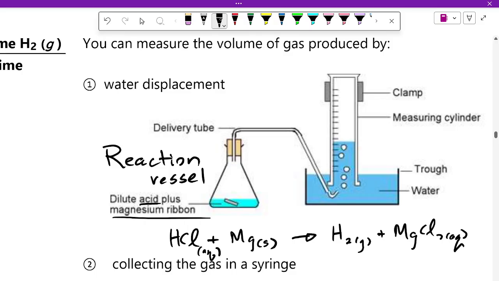And as time goes on, we get bubbles. And we attach it, usually we put some piping in there. And I'm actually going to go and get one of these measuring cylinders so you can see what it looks like.